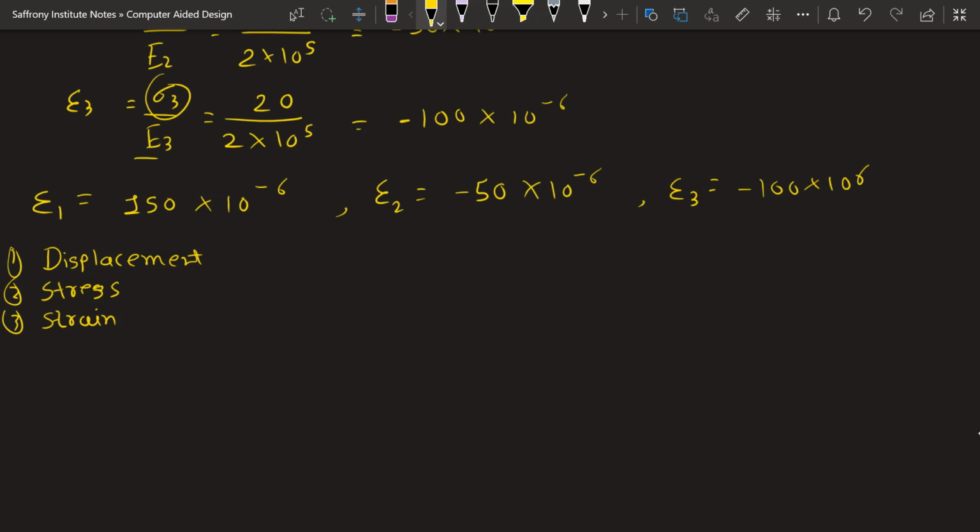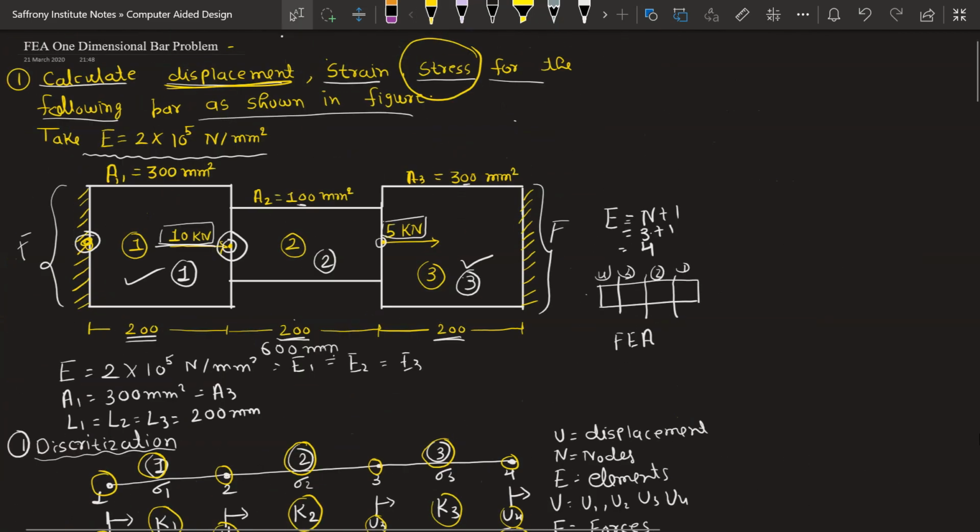So this is how the FEA numerical for a 1D bar can be solved by using this technique, in a very simple method. Once or twice you need to revise this numerical and practice again and again. You can easily solve this numerical.